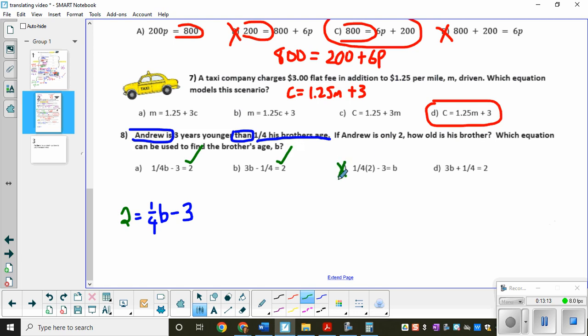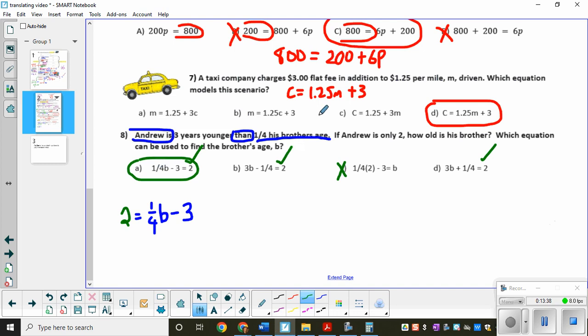I don't see equals 2, but I see it here. And now we're looking for 1/4 of B minus 3. So here's 1/4 of B minus 3. So it's got to be answer choice A. If Andrew is 3 years younger than 1/4 of his brother's age, that's translated, and we know that Andrew is 2. So his age of being 2 is 3 years younger than 1/4 of his brother's age.